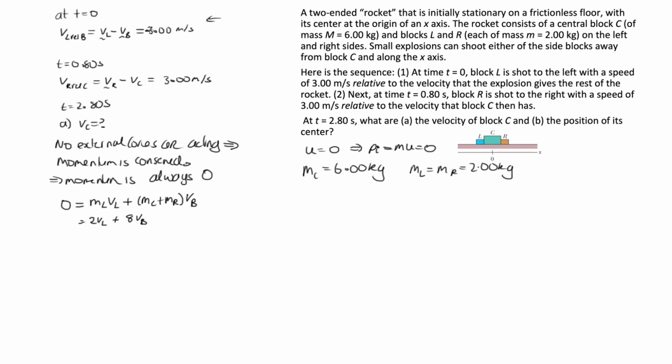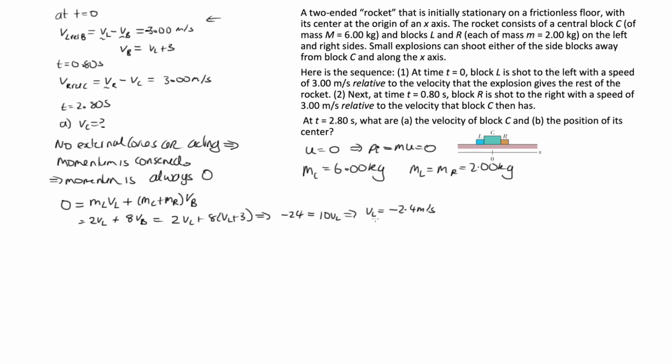Now what we can do is rearrange this equation up here. So this tells us that VB is equal to VL plus 3. So we can substitute that in here. So this is equal to 2VL plus 8 times VL plus 3, which we can write as 3 times 8, that's 24. So we've got minus 24 is equal to 2VL plus 8VL, which is 10VL, which tells us that VL is equal to minus 2.4 meters per second. So we expect it to be negative because it's going to the left.